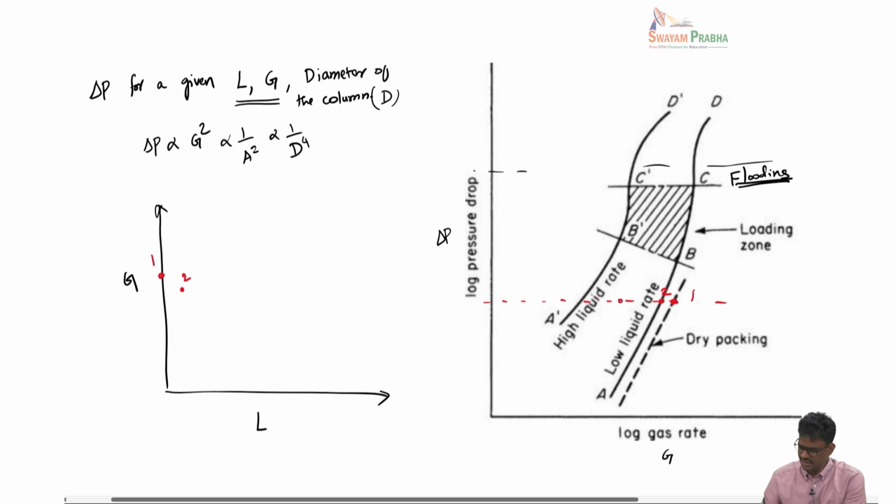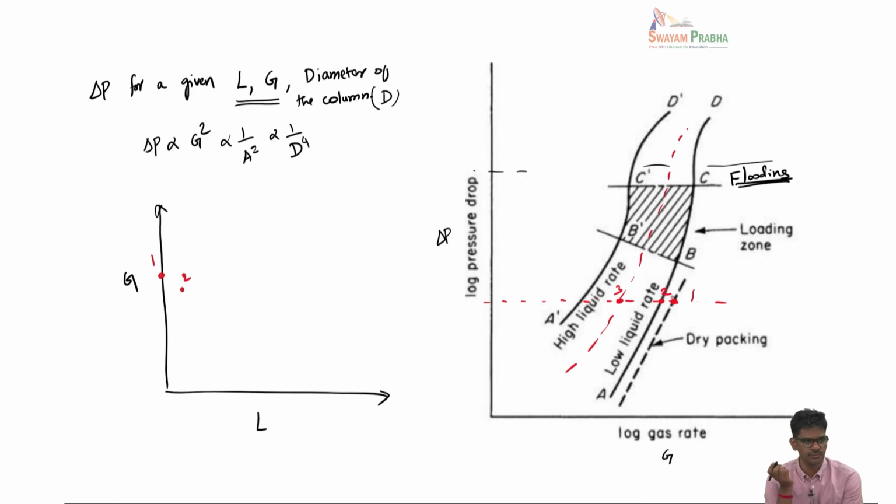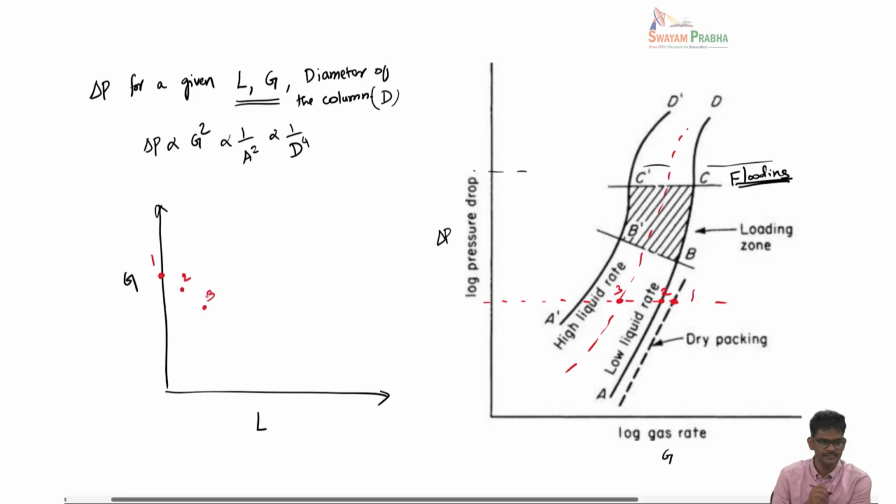If I go somewhere here, this would correspond to another liquid flow rate, and the liquid flow rate at 3 would be higher than at point 2. So I may have to plot somewhere here. At point 3, the gas flow rate has decreased, but the liquid flow rate has increased. I can collect many such points, and then I can draw this. This need not be a line, but it will be a curve.